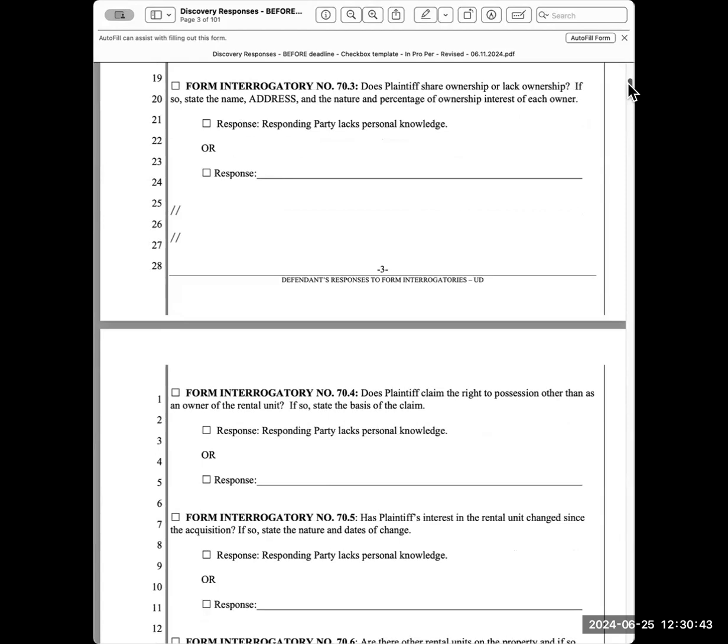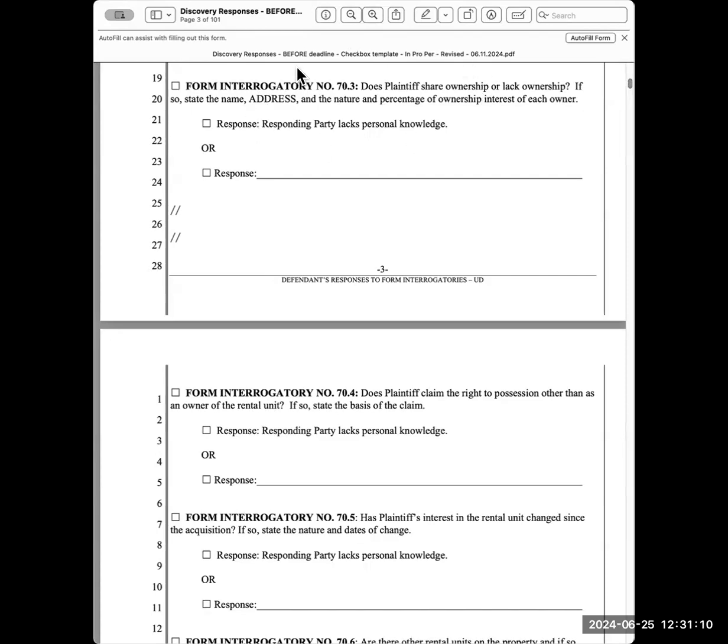70.3. Does plaintiff share ownership or lack ownership? If so, state the name, address, and nature and percentage of ownership interest of each owner. Again, this is a question typically asked of the landlord, and so it's not typically checked for tenants to answer. Sometimes it's checked. If it is, then you put your honest response.